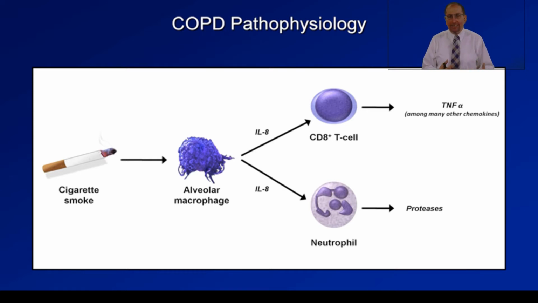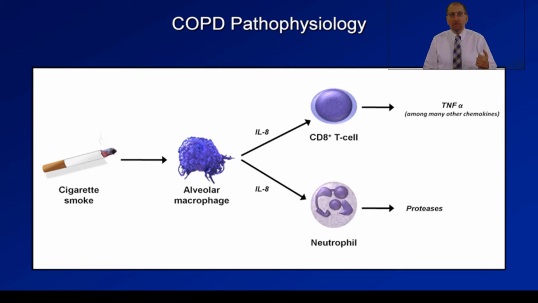What are proteases? Any word that ends with an "ase" is an enzyme that digests the first half of the word. So proteases are enzymes that digest proteins. So these proteases will destroy the proteins in your lung parenchyma, and this leads to destruction of lung parenchyma. This is emphysema. They will also destroy the collagen in your bronchi, and this will lead to narrowing of the bronchi.